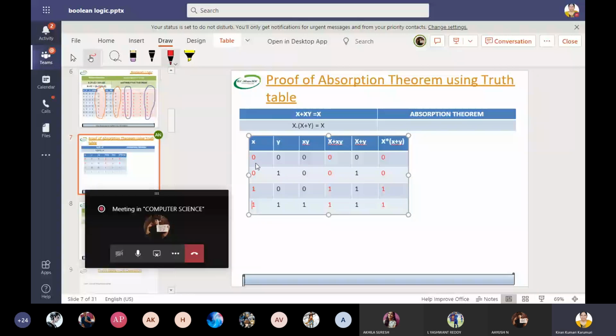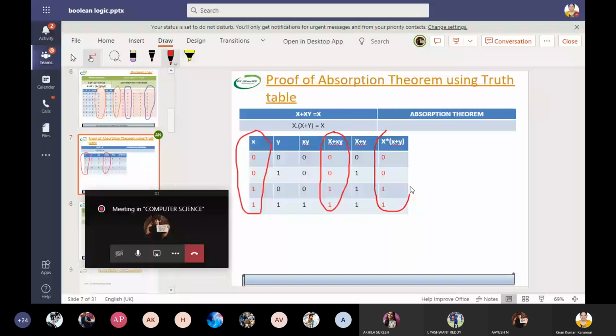See, this is X, and then this is X plus XY. Y is absorbed. And then this is X and X plus Y. Use a dot only, no star needed.